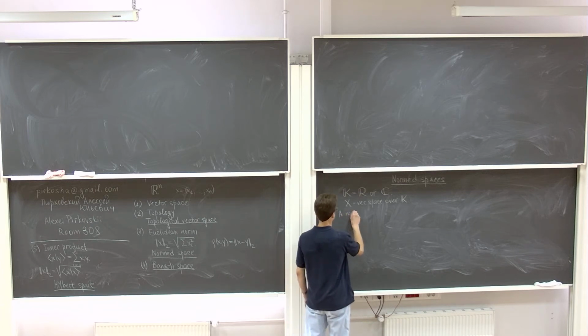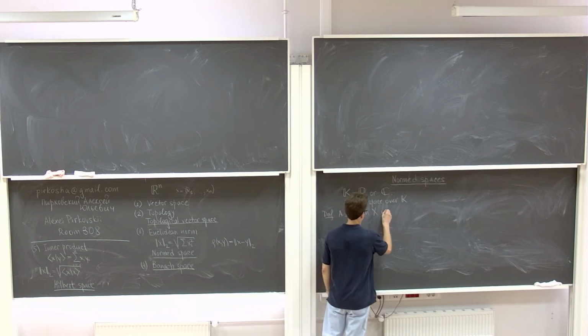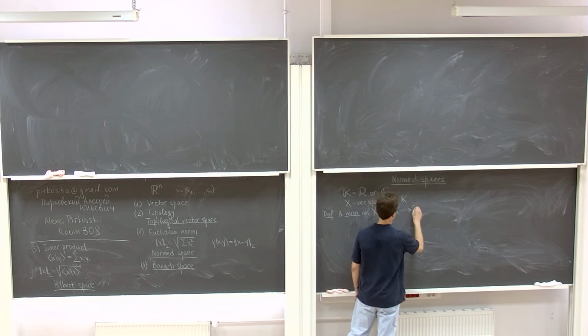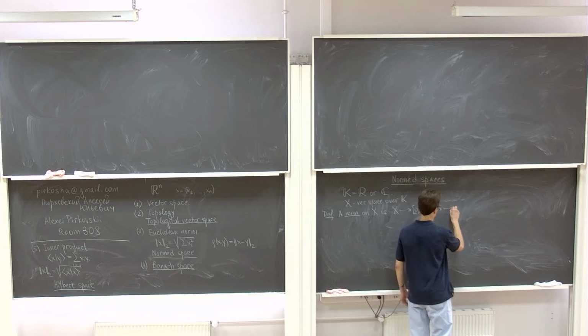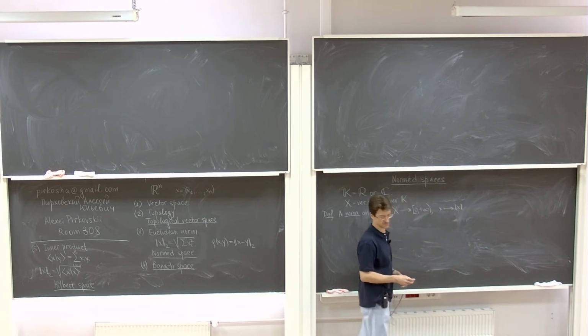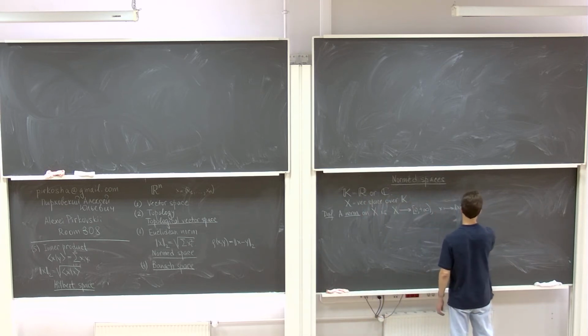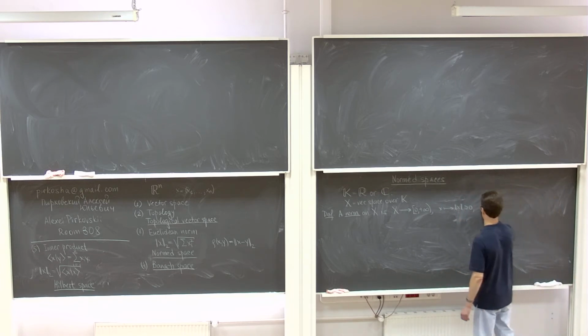A norm on X is a function, a non-negative real function on X, which takes each element little x to a non-negative number, denoted like this. So this is the norm of the vector x, such that the following axioms are satisfied.